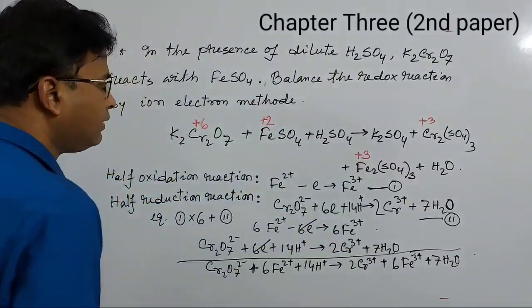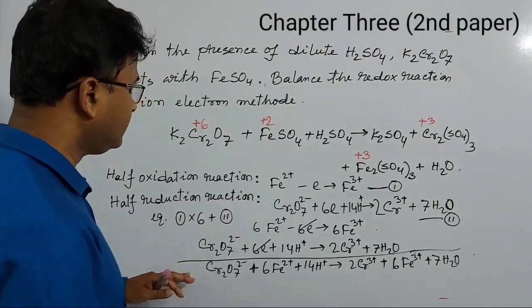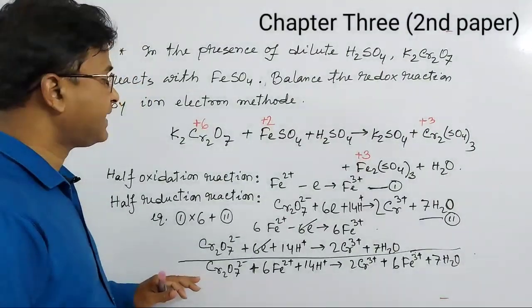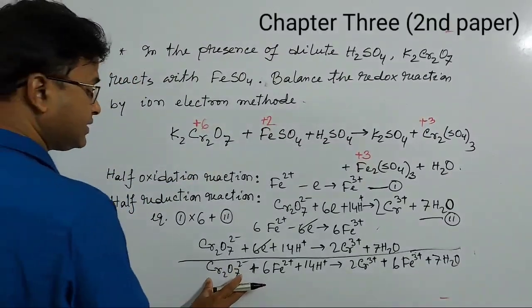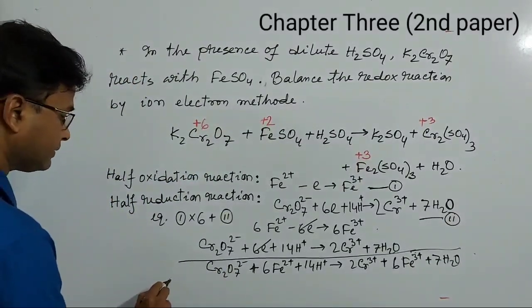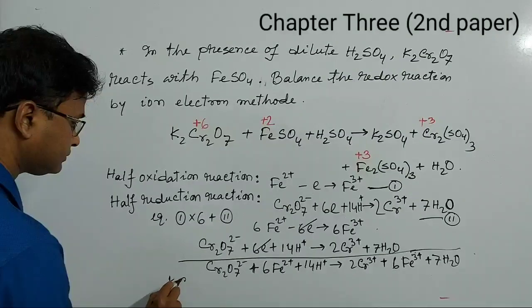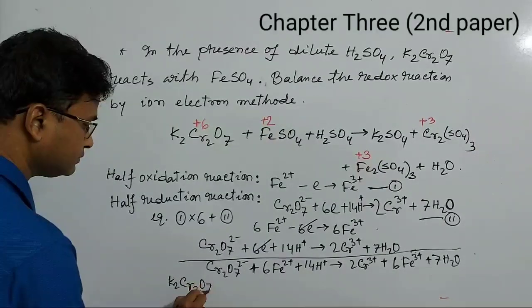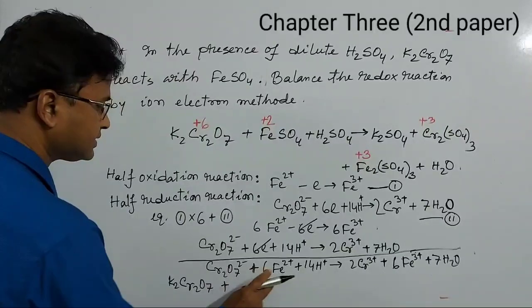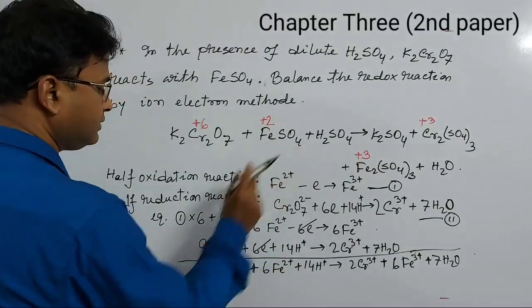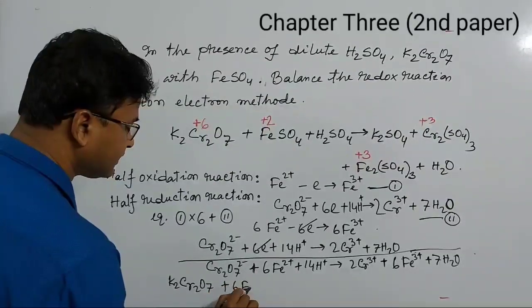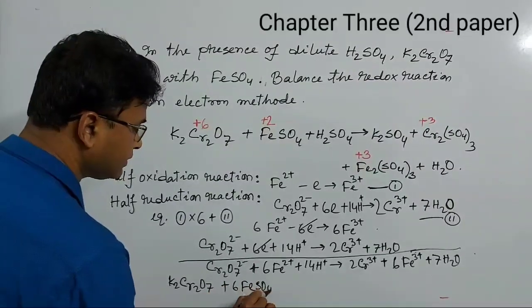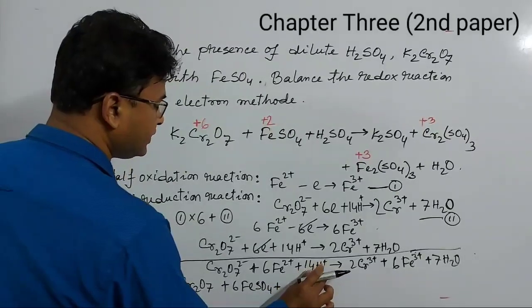Students, now I can put the spectator ions from this reaction. Instead of dichromate ion, I can write here potassium dichromate plus ferrous ion. So I can write here 6 ferrous sulfate and sulfuric acid.